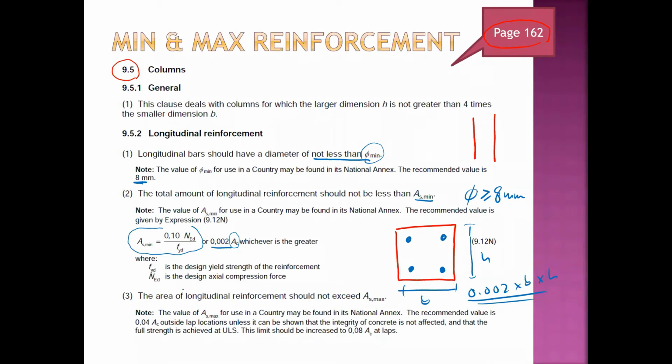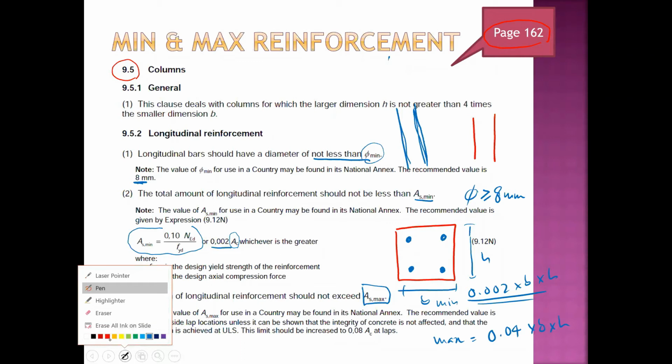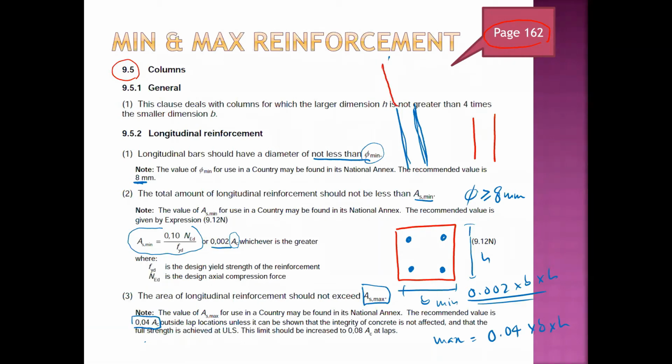And the maximum: longitudinal reinforcement should not exceed As,max, which shall be 0.04 Ac. So this is the minimum, and the maximum cannot be greater than 0.04 times B times H. At the lapping, this is the starter bar, and you have to consider the lapping outside the critical region.